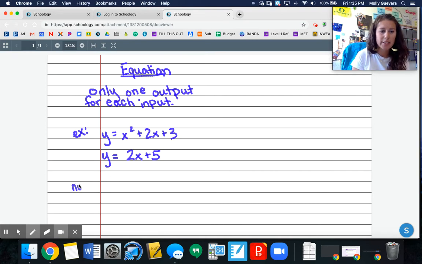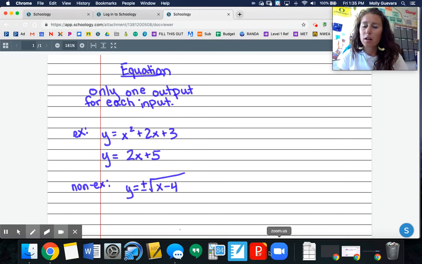Okay, a non-example here would be something like y is equal to plus or minus the square root of x minus 4. So the reason that this would not be a function, let's go through it.